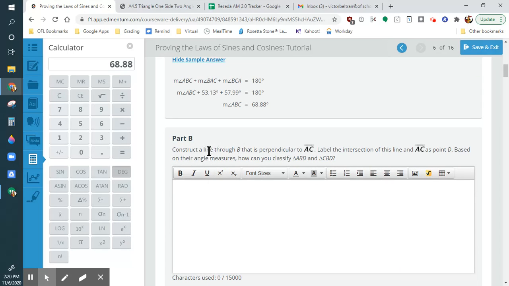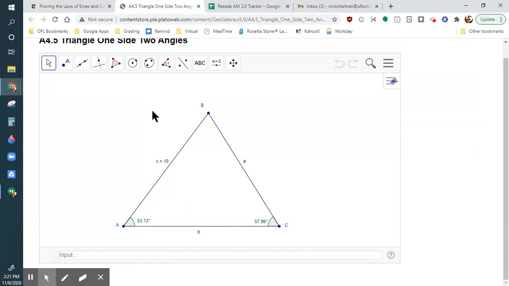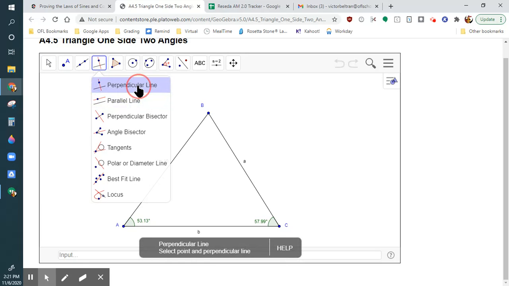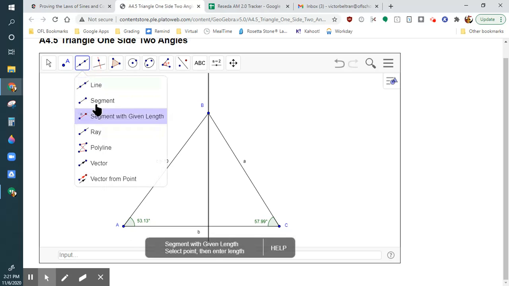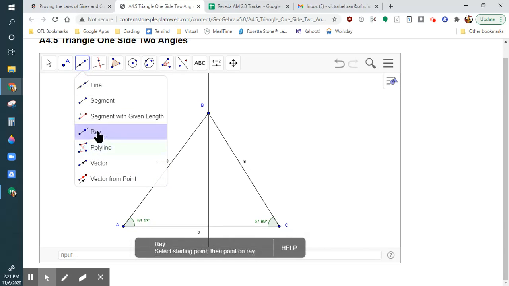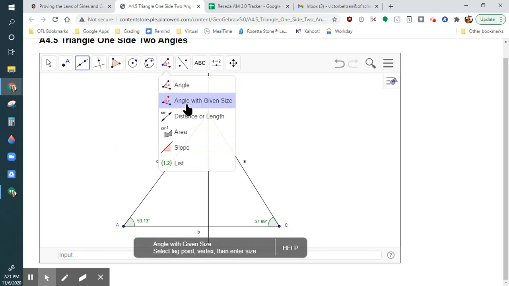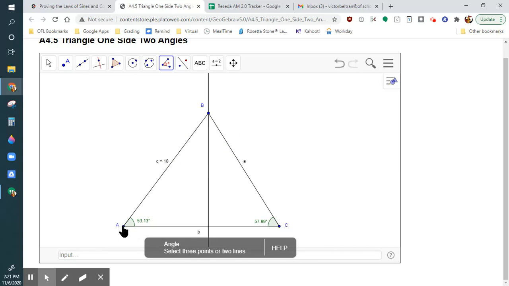Construct a line through B that's perpendicular to AC. So what we're going to do here is make a perpendicular line from AC, and we want to make sure that it is exactly at that B. Just to double check this, because I've had issues with this in the past where it doesn't go where it's supposed to, I'm going to measure this angle because I've been scorned too many times.